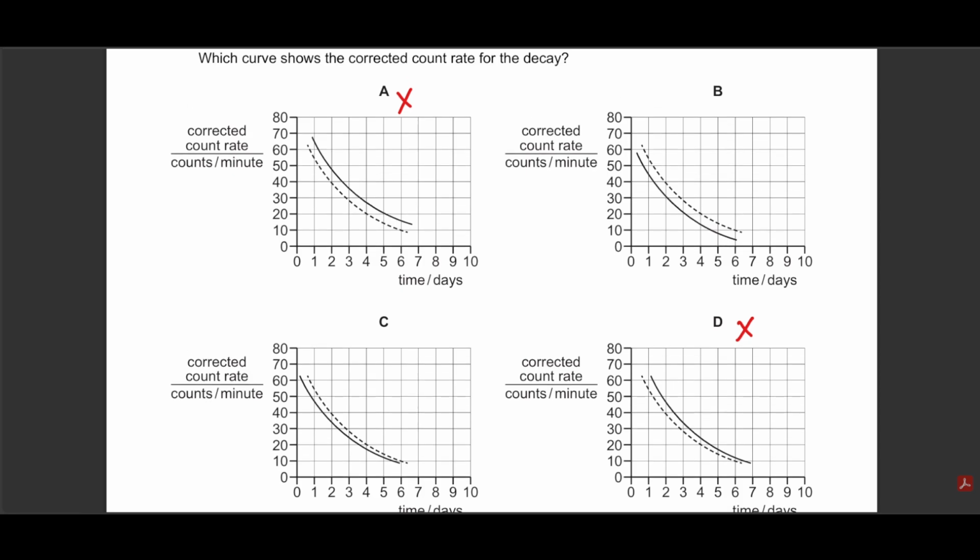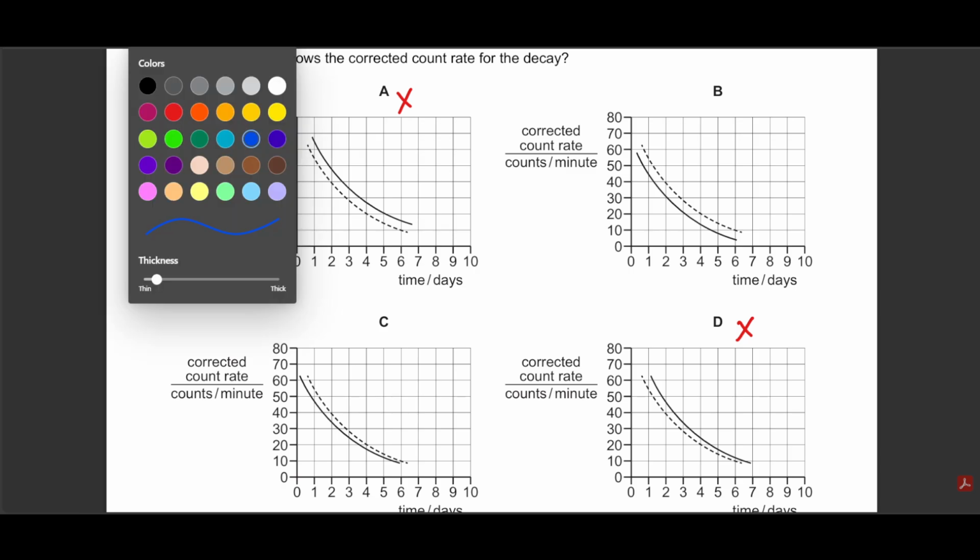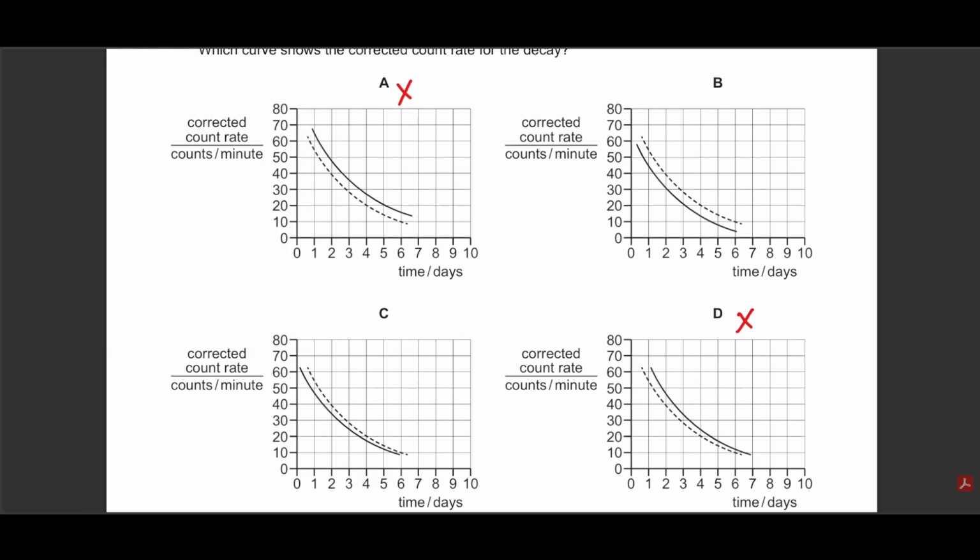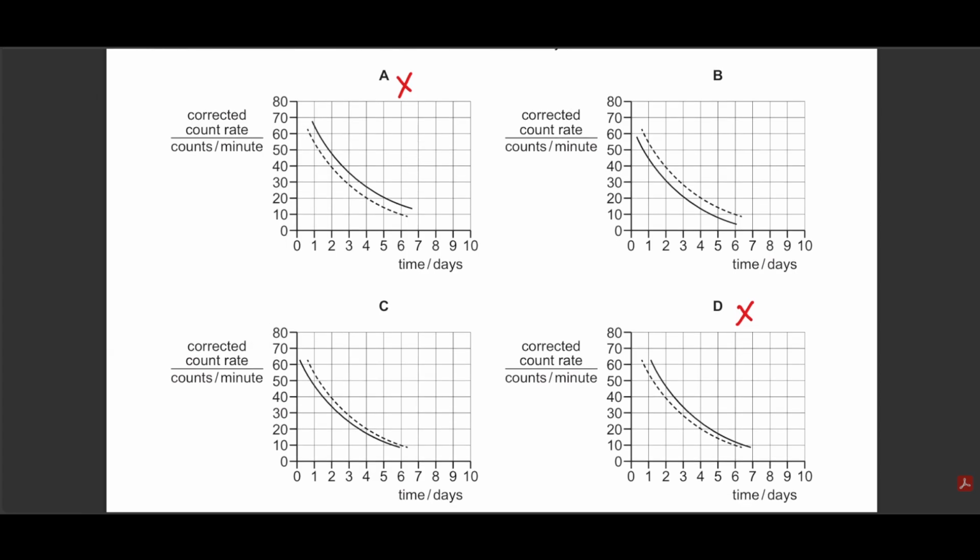When we go to options B and C, if we have to make a choice, take a pause at this point and try to think which option you would choose. You see, option B suggests that the graph is still going to carry on going downwards, following the trend of our source only.